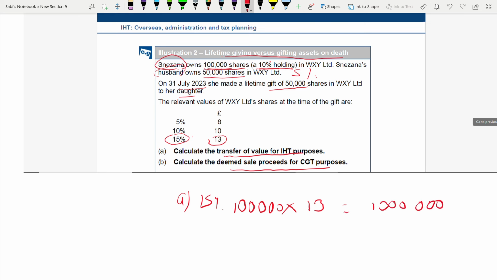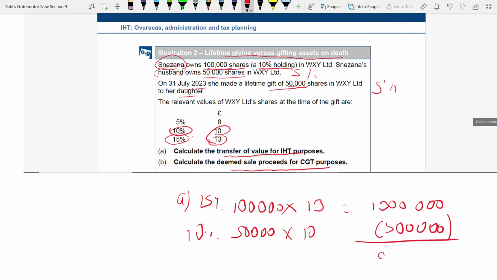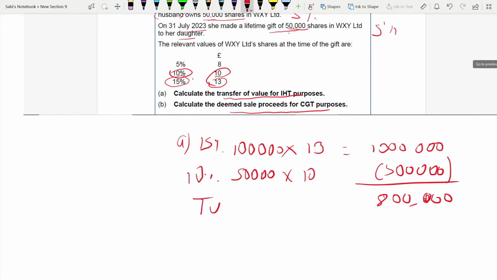After the gift, the gift is of 50,000 shares, which means 5%. From 15% you are giving away 5%, so after the gift it's a 10% holding. Based on a 10% holding the price is 10. How much are you giving? 50,000 shares. So 50,000 into 10 is 500,000. The transfer of value is 1,300,000 minus 500,000, which is 800,000. This is the transfer of value for IHT purposes.